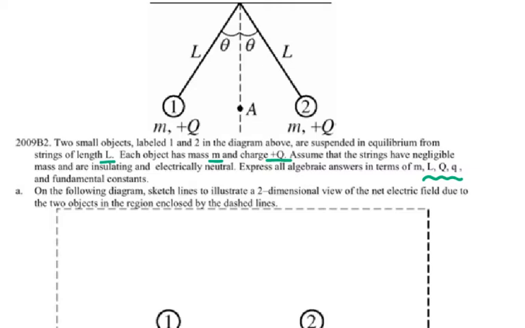On the following diagram, sketch lines to illustrate a two-dimensional view of the net electric field due to the two objects in the region enclosed by the dashed lines.